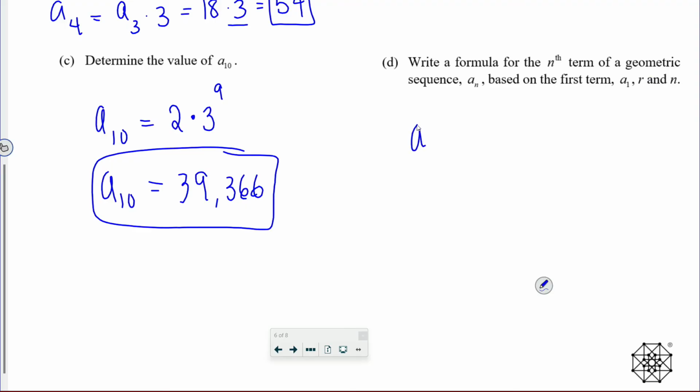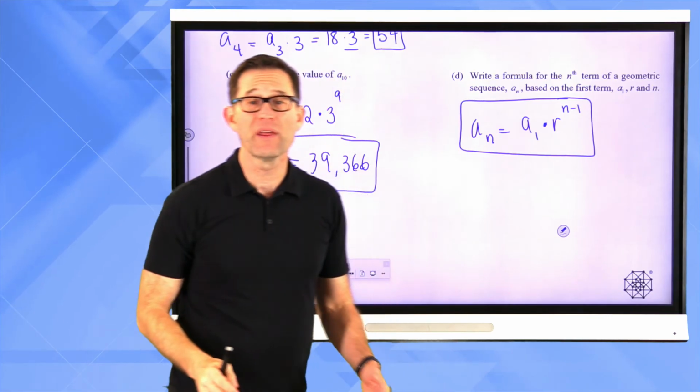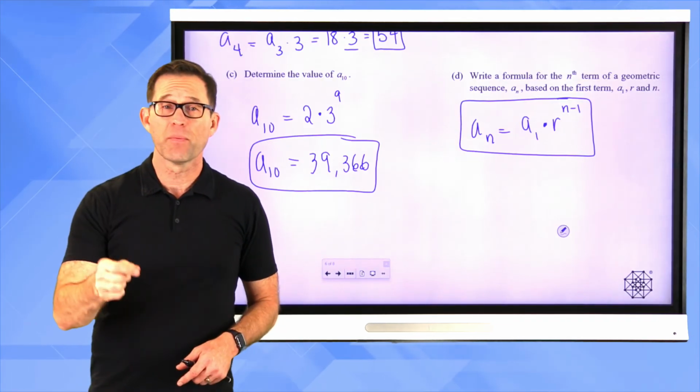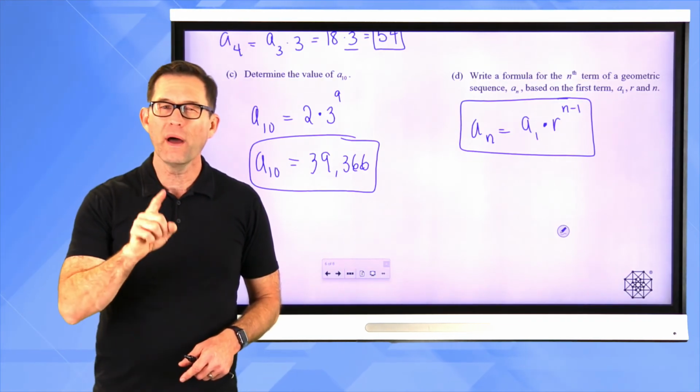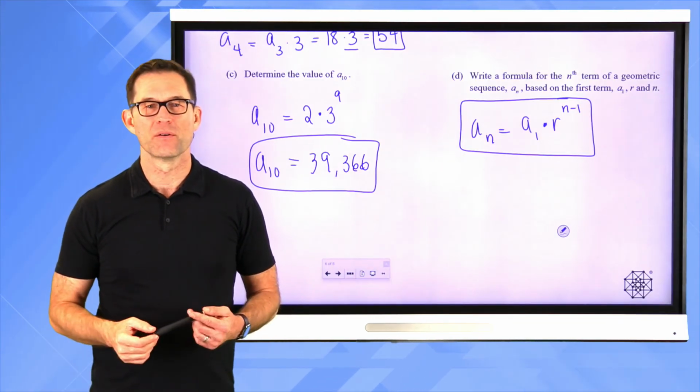Just like before, a sub n we're going to get by taking our first term, multiplying it by that constant ratio raised to the n minus 1. And that's it, right? We simply find our nth term by taking our first term and multiplying it by that constant ratio 1 less time than the number of terms that we're looking for.